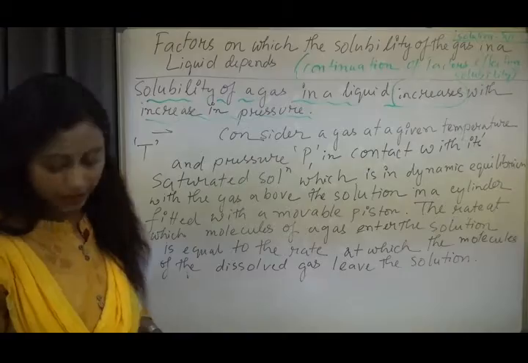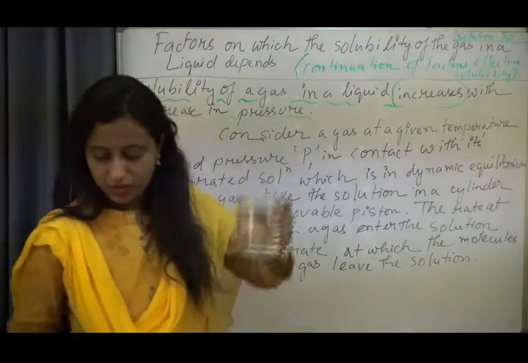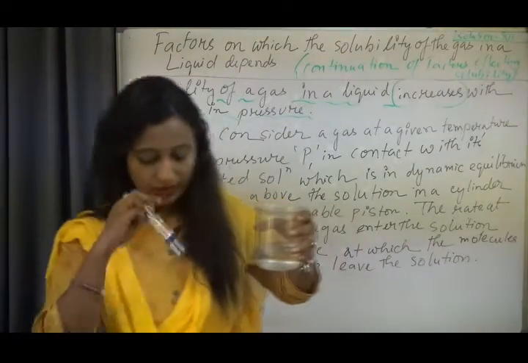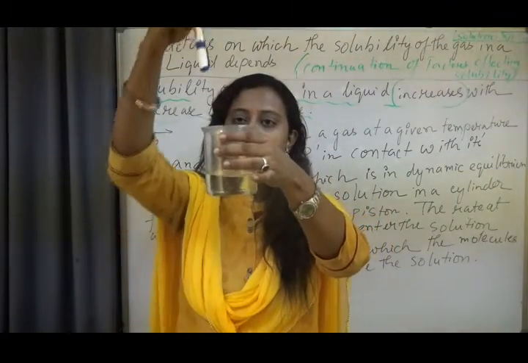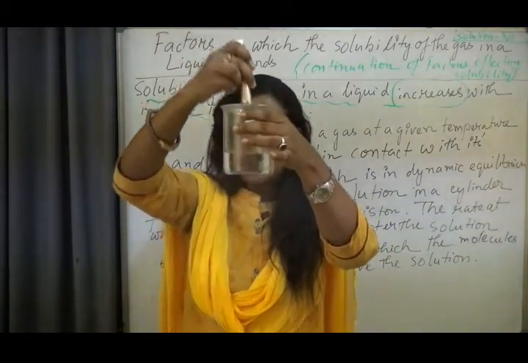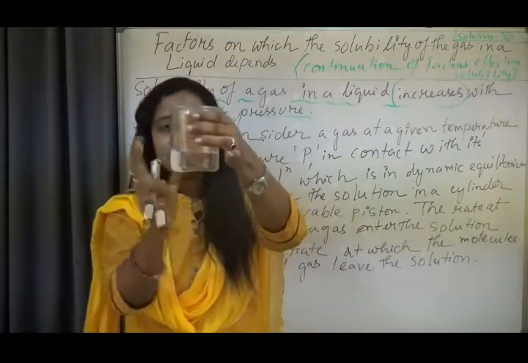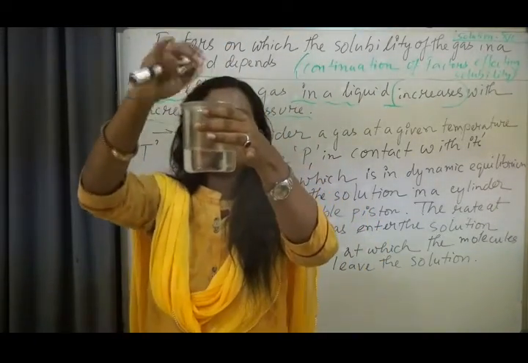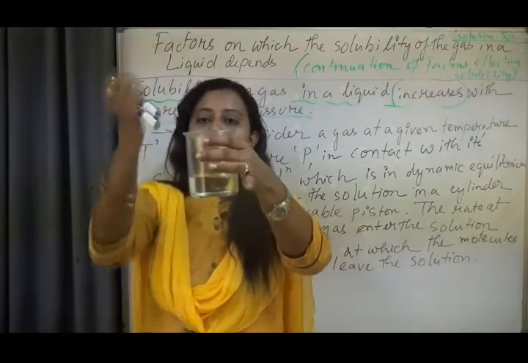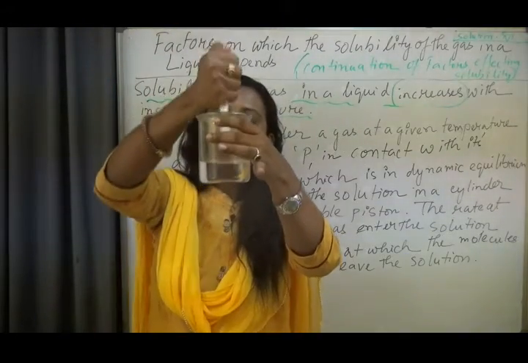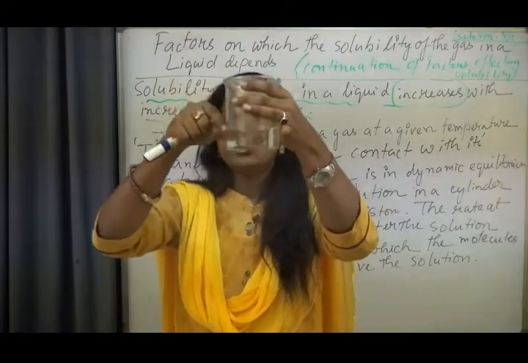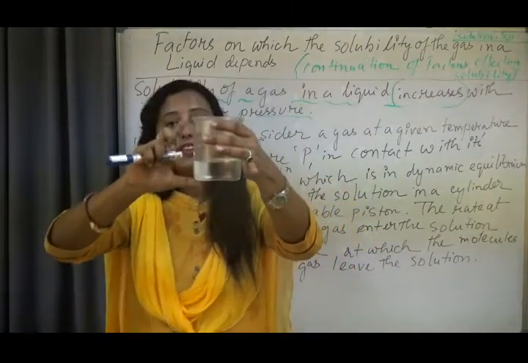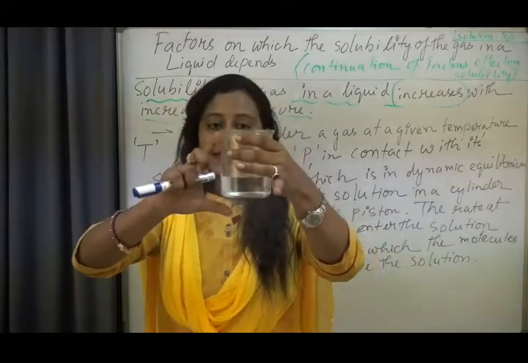Suppose I don't have a piston, so let us assume that this is a beaker, and there is a gas above the surface. I have to apply a movable piston so that it can apply pressure on the gas present in the beaker or vessel.